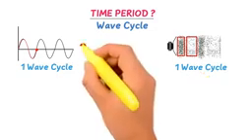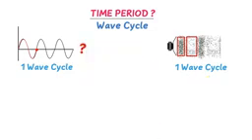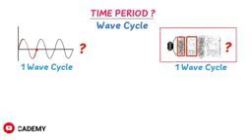Now, how many wave cycles or oscillations are there in transverse waves? And how many wave cycles or oscillations are there in longitudinal waves?